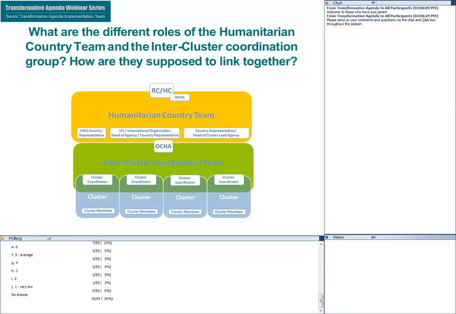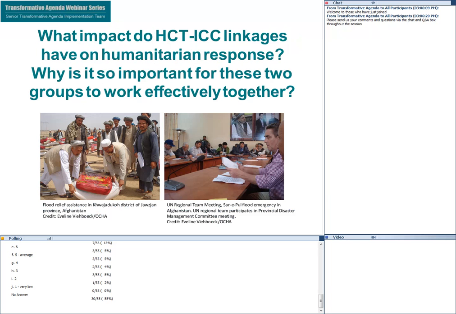I would like to start off today's discussion by going to Afghanistan and asking Mark Bowden, who is the humanitarian coordinator in that country, to tell us what happens when these linkages break down, and what can be done to repair them to ensure that these two groups are working effectively together in support of effective humanitarian operations. So over to you, Mark, please.